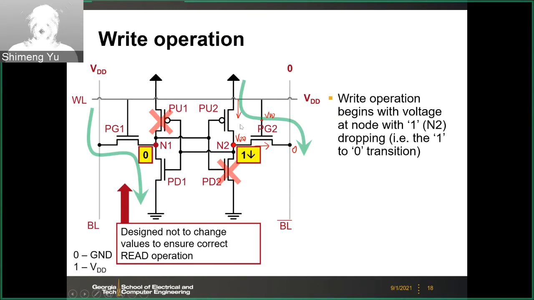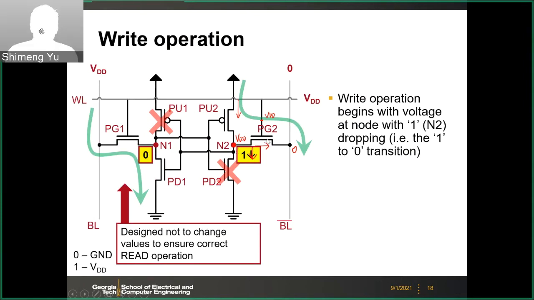And this current path also forms a voltage divider between PU2 and PG2. So the N2 node voltage will decrease, so this VDD will decay.